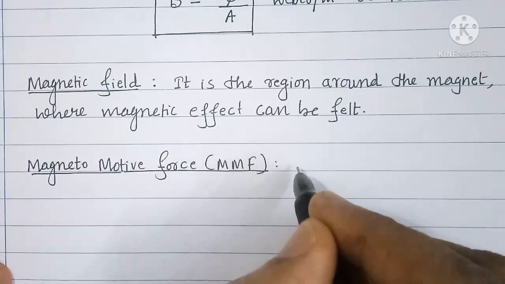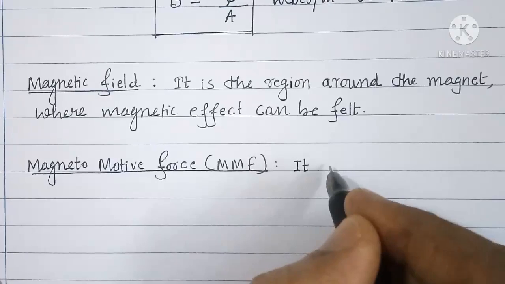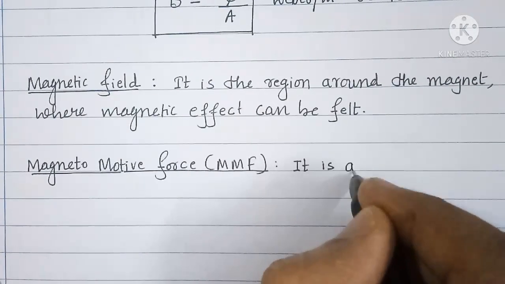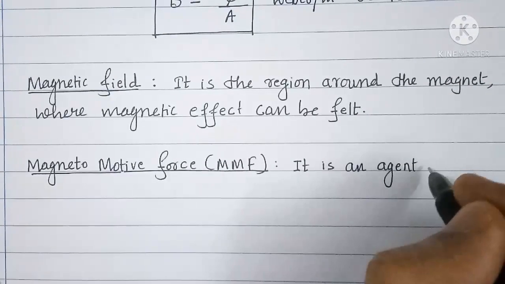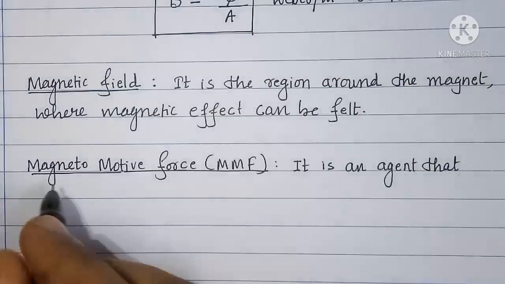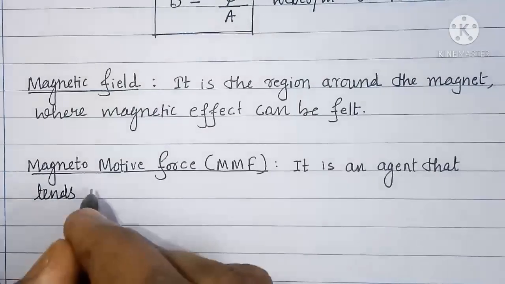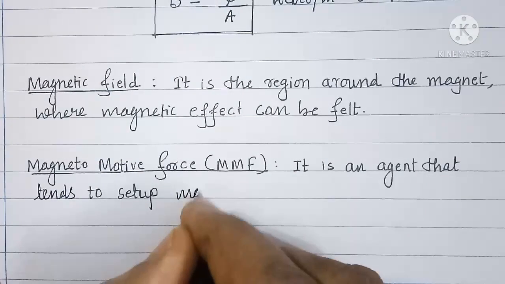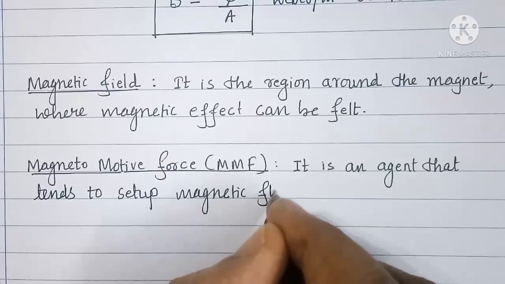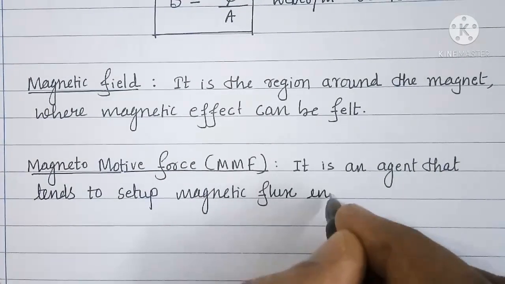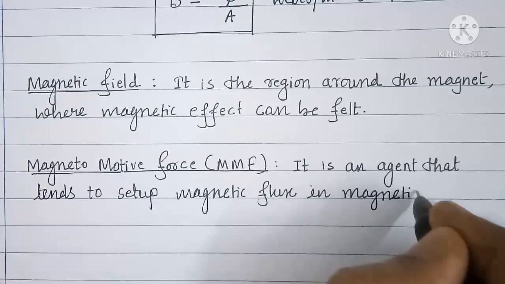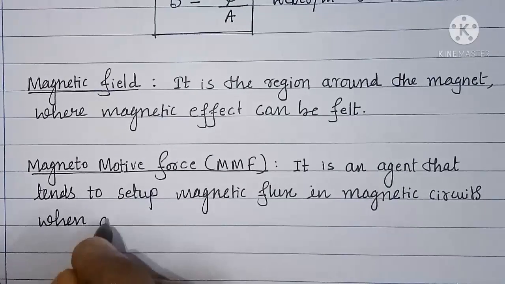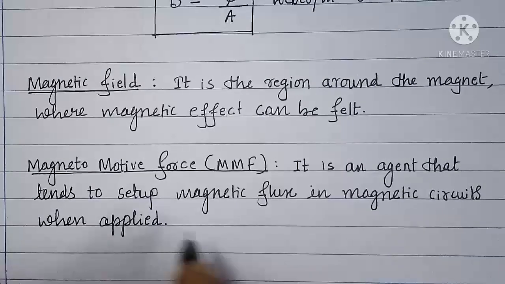So you can write here: it is an agent that tends to set up magnetic flux in magnetic circuits when applied.